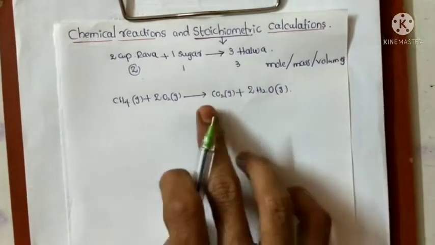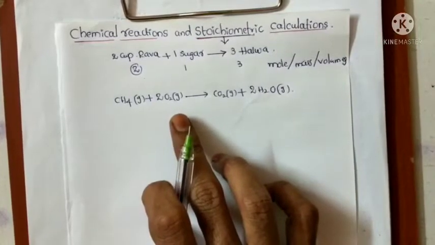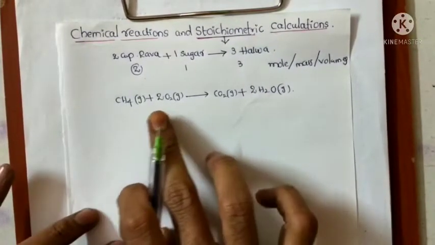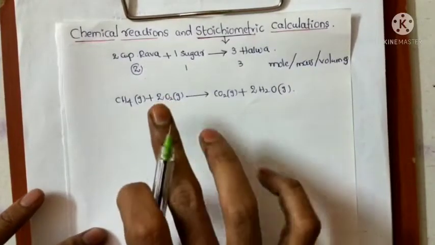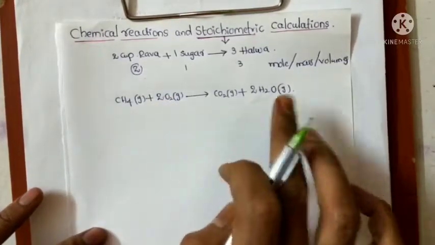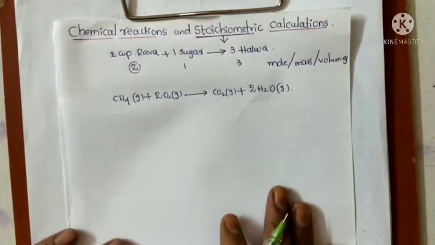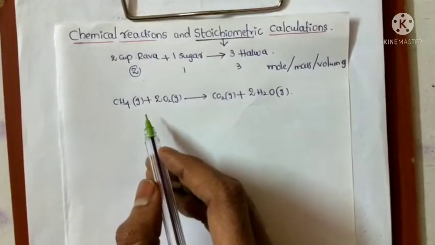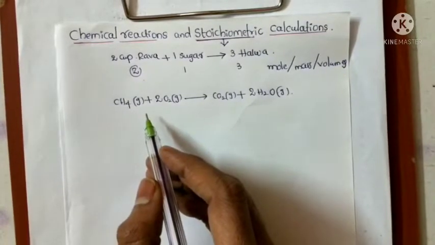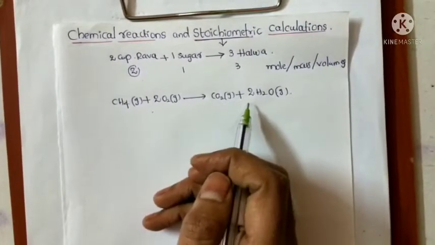So this is a balanced chemical reaction because the number of atoms of reactants is exactly equal to the number of atoms of products. This chemical reaction explains the quantitative relationship between the reactants and products.